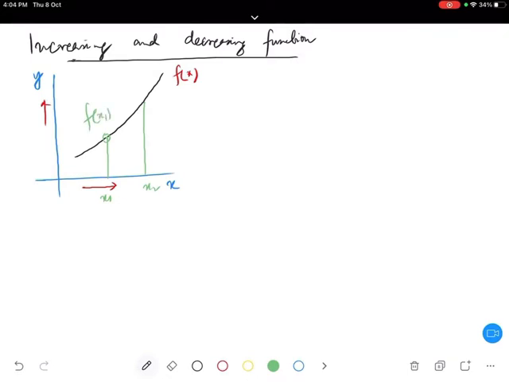And corresponding to the point x2, we have f(x2). Am I clear? Now, how can I say this function f(x) to be increasing? Look at here. If x2 greater than x1 implies f(x2) greater than f(x1), then we can say f(x) is increasing.